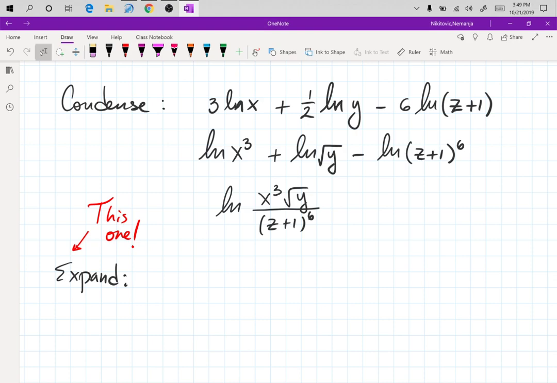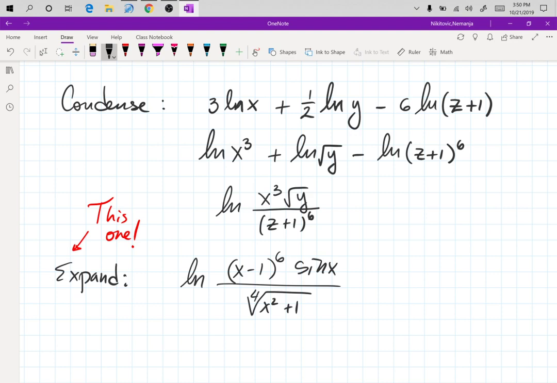So when it says expand, and then you are going to get, let's say, ln of x minus 1 to the 6th power times, let's say, sine x divided by the 4th root of x squared plus 1, for whatever. Just pile up whatever. It doesn't matter.